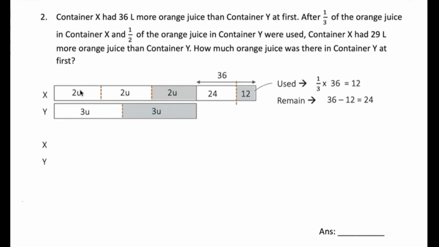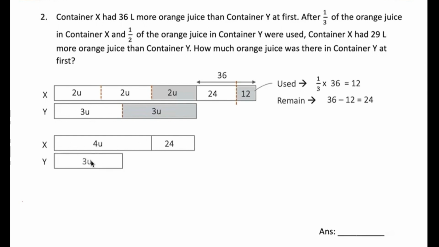Container X is left with 4 units and 24. Okay, 4 units and 24. Container Y is left with 3 units. So 3 units is certainly shorter than this, because these are really 4 units. Now let's read the question again.